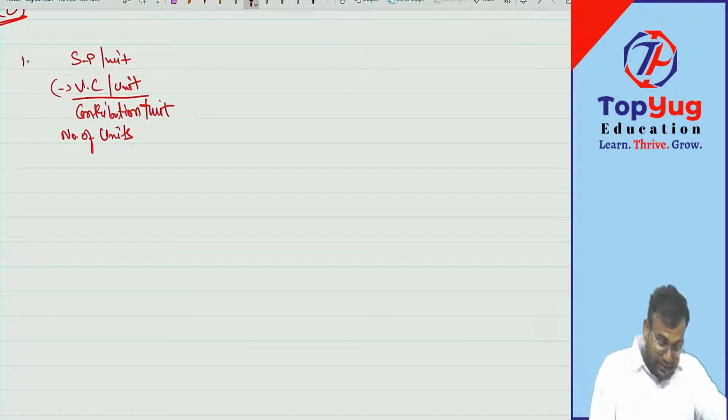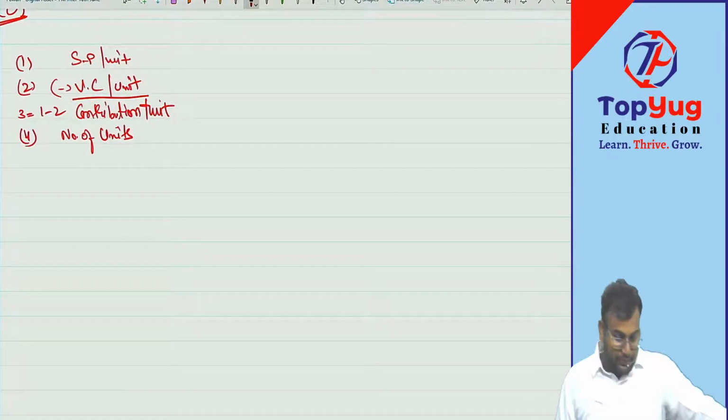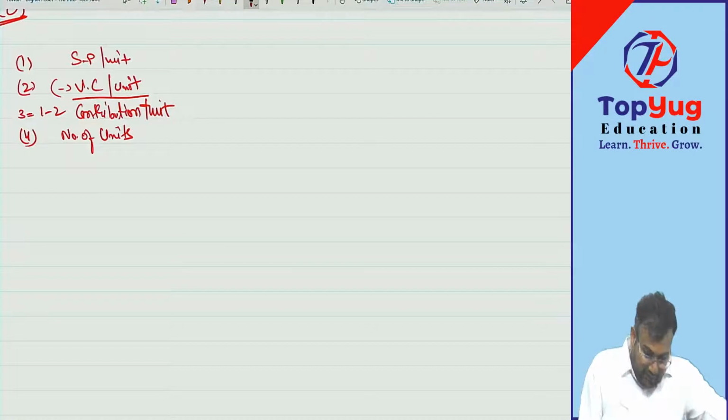Let us name these as 1, 2. So 3 would be equal to 1 minus 2. Then name this as 4, and then 5 would be equal to 3 into 4.